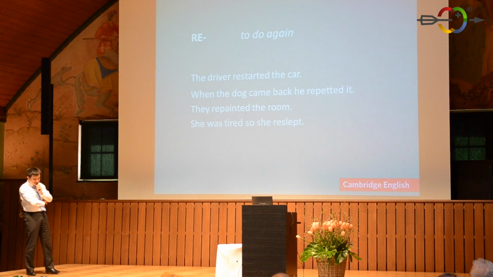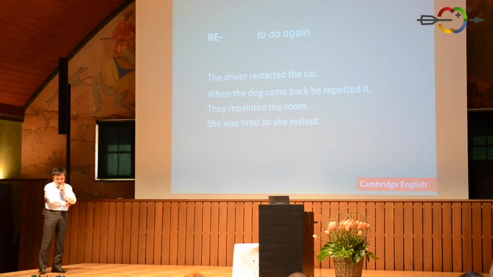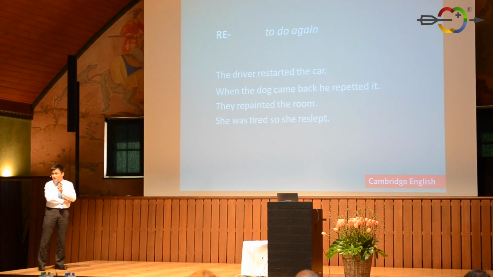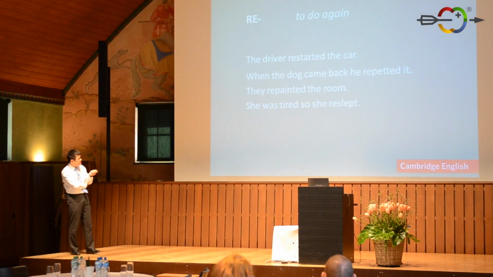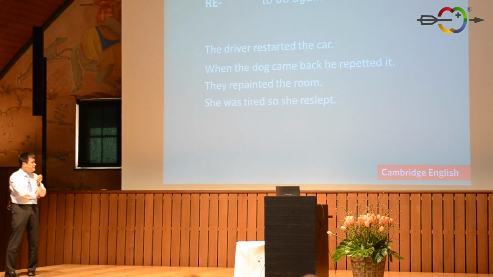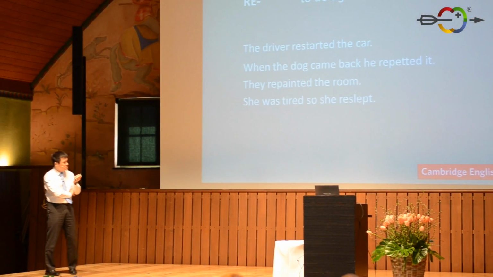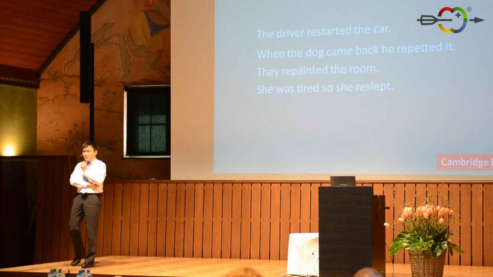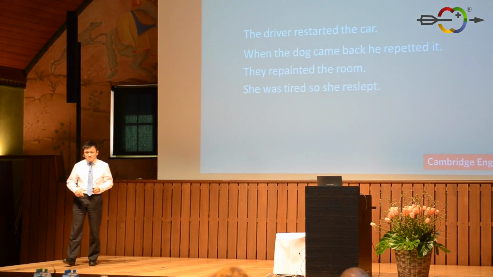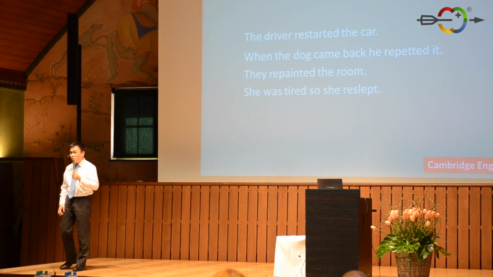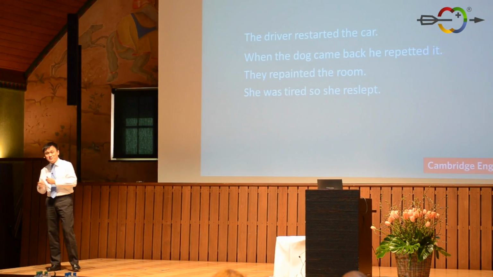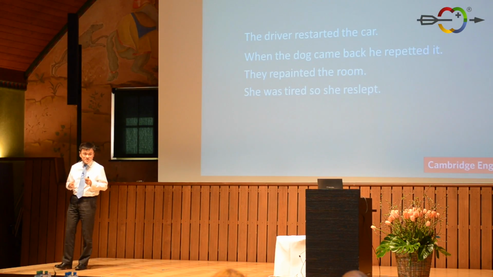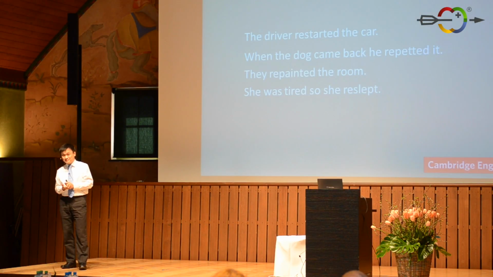And you would see a series of sentences such as this, and you and I can immediately figure out that restarted the car is fine, repetted the dog is not okay, and repainted the room is okay, but reslept is not okay. Okay? If I tried to tell you to explain why two of them are okay and two of them are not okay, you're probably going to stammer and stumble and not be able to do it for me.